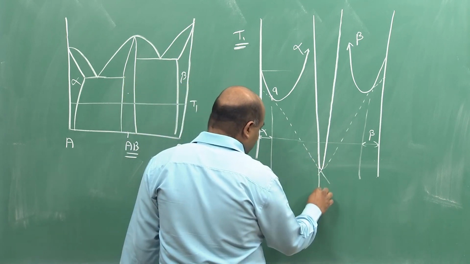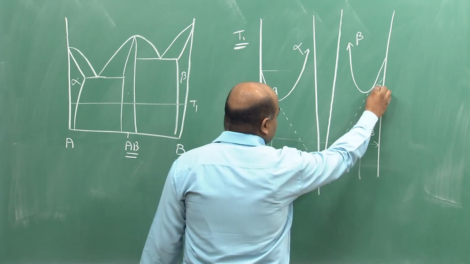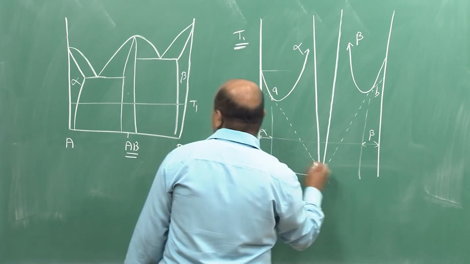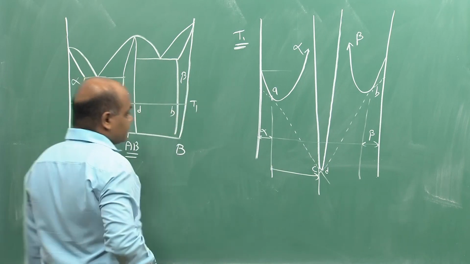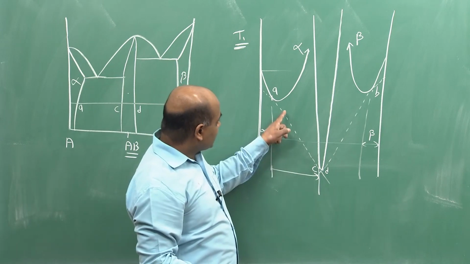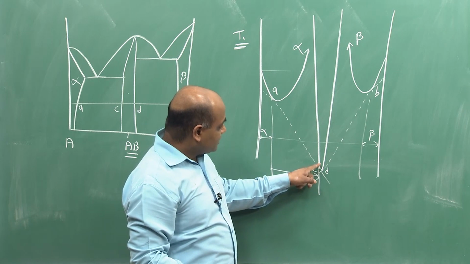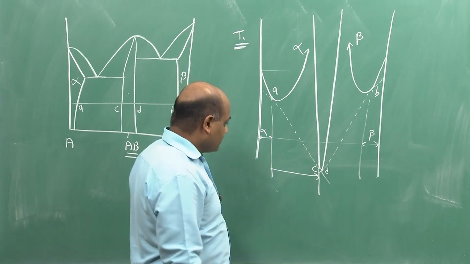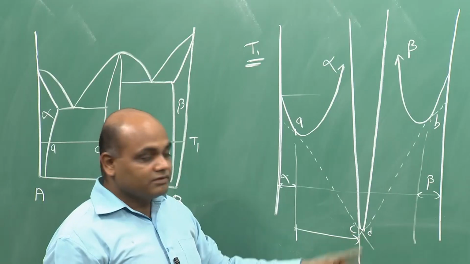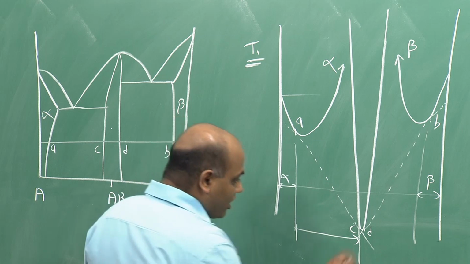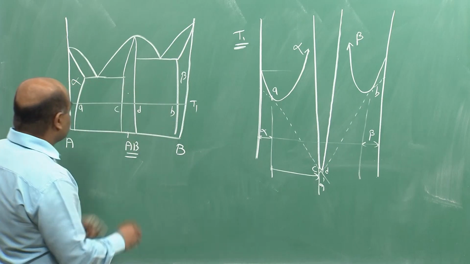So, between these 2 points, let us call this P, this is C, this is D, this is A, B, C, D. C is where the common tangent between alpha and AB touches the curve of AB, and D is the point where the common tangent between beta and AB touches the curve AB. And there is a small region between C and D where AB is stable, it is this small region.